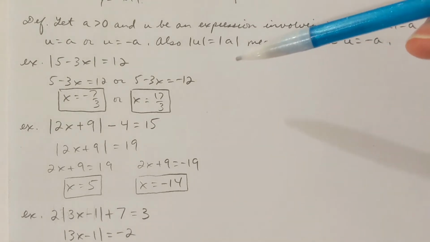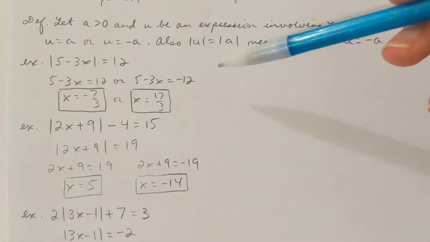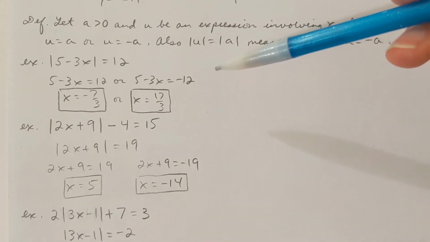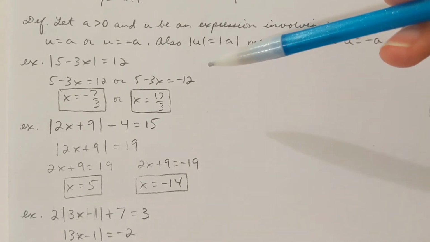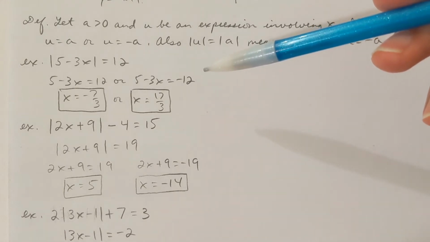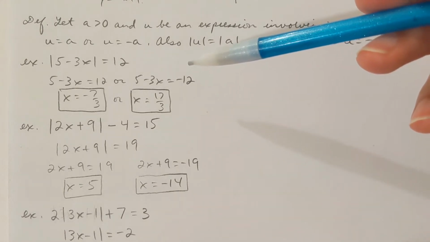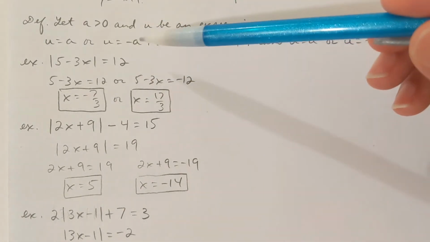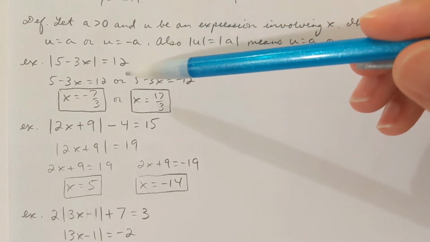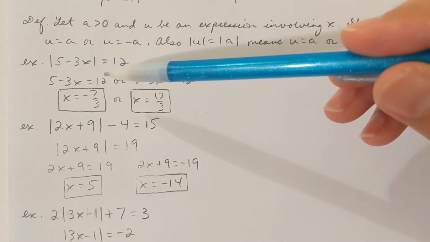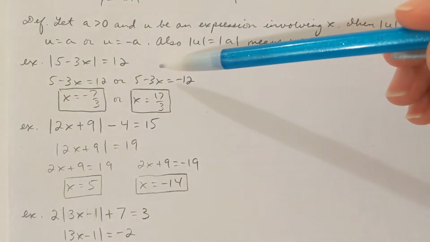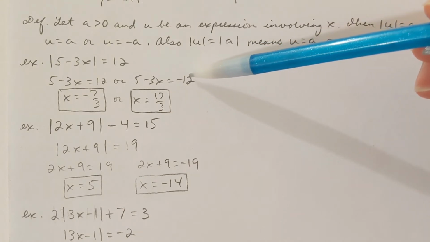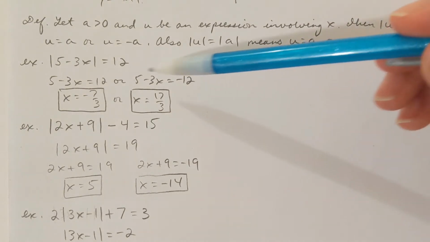So as an example, suppose that we wanted to solve the absolute value of 5 minus 3x equals 12. Step 1 is to write the two equations. One is u equals a, one is u equals negative a. So 5 minus 3x equals 12, or 5 minus 3x equals negative 12.